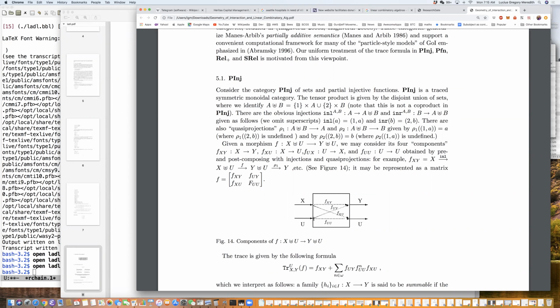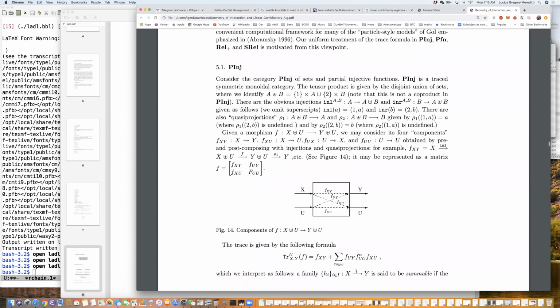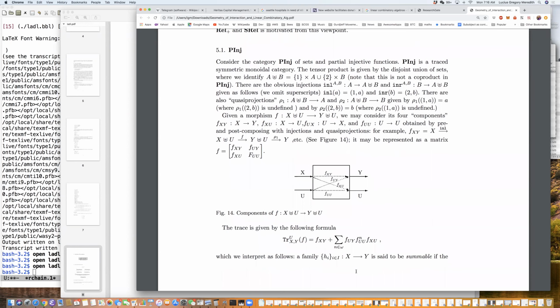Come back in. Have we decomposed it enough? Etc. And that's represented by this formula here. Although this formula is specific to partial injective functions and sets, it's the same function for lots and lots of examples in this particular paper.